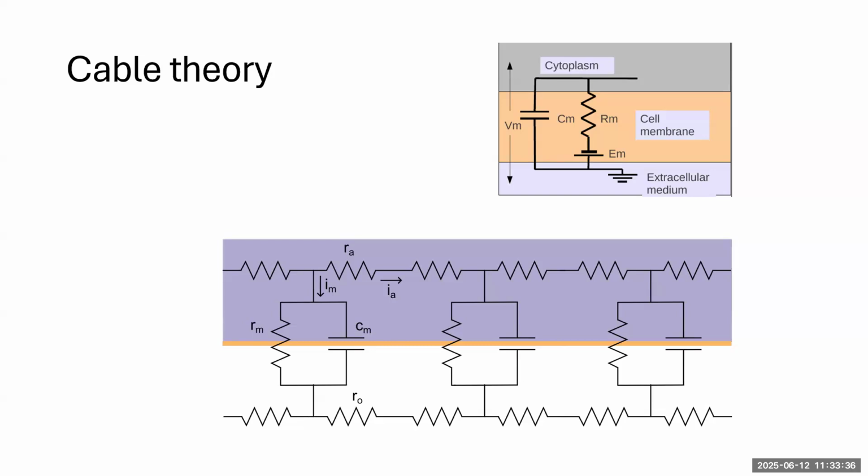Okay, total surface area for unit length will be 2 pi a. Will be the surface area.